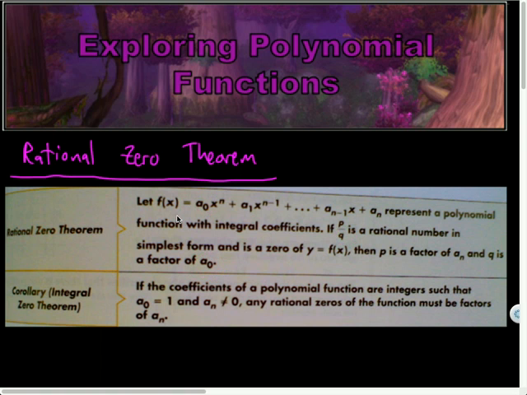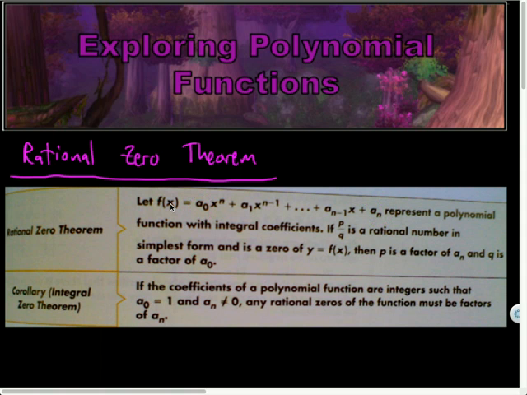So any number that can be written as a fraction, which includes the integers, all rational zeros of our polynomial are going to be a ratio of the factors of my constant over the factors of my leading coefficient, is what that says.